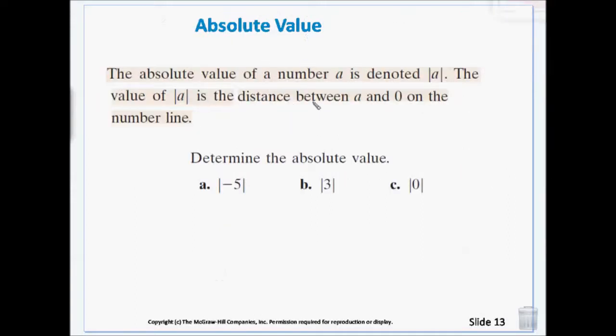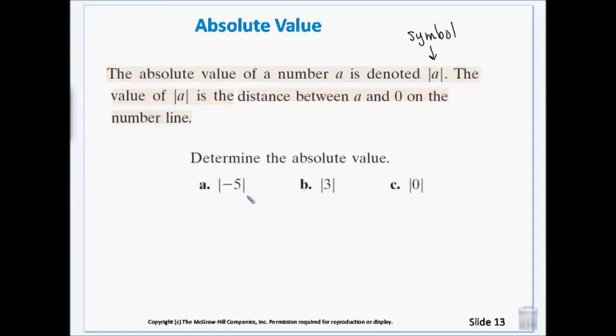The symbol for absolute value is two bars. So this is the symbol for absolute value. And anything that's inside this, we want it to be positive. So basically, here we have a -5.